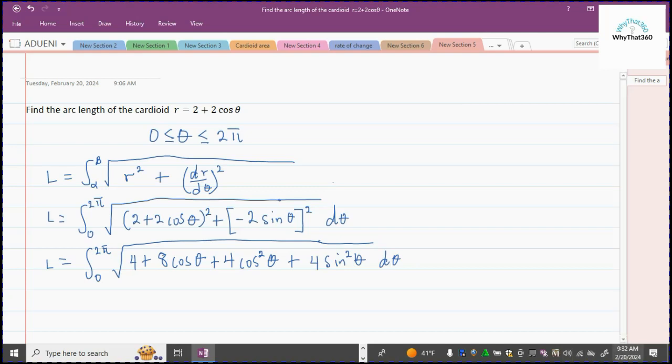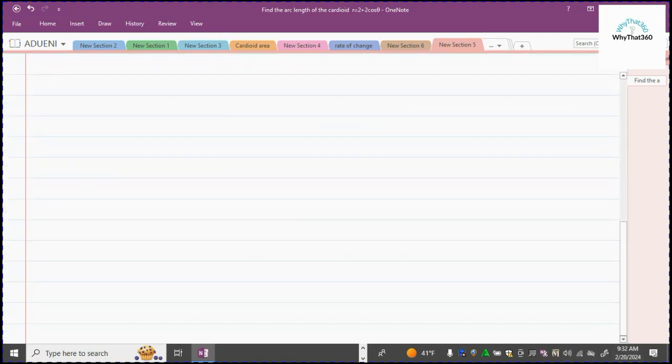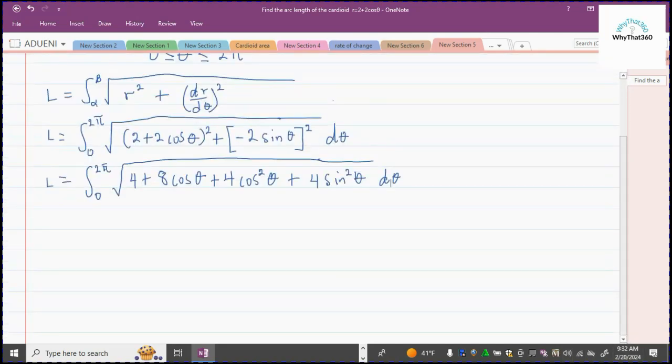From there, you see we have 4 cos squared theta and 4 sine squared theta. We can factorize 4 out.